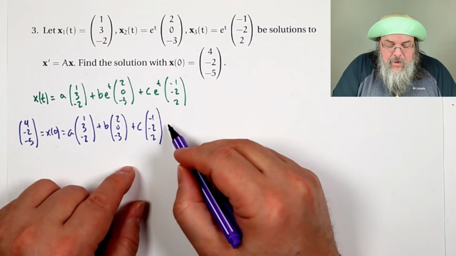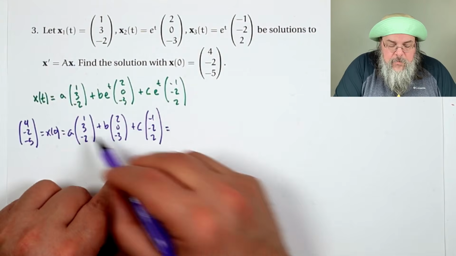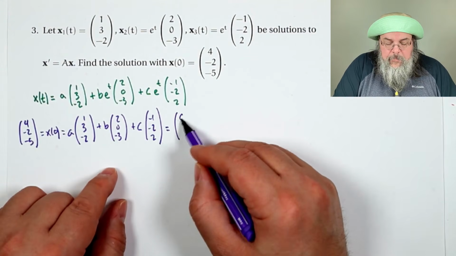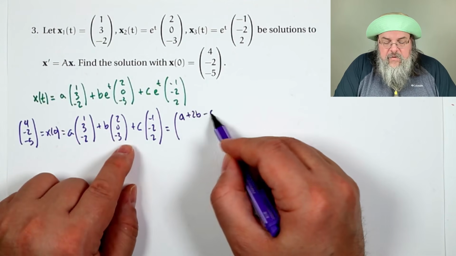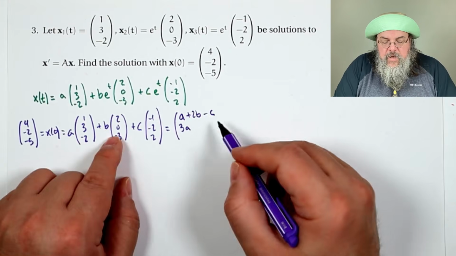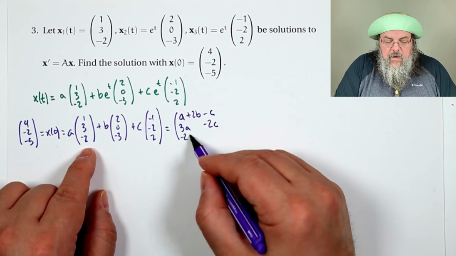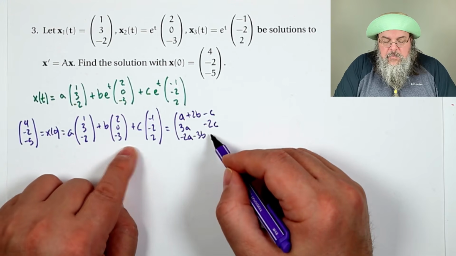All right, let's put this all together. In other words, I'm going to write one single vector. We have a + 2b - c, 3a + 0b - 2c, and -2a - 3b + 2c.